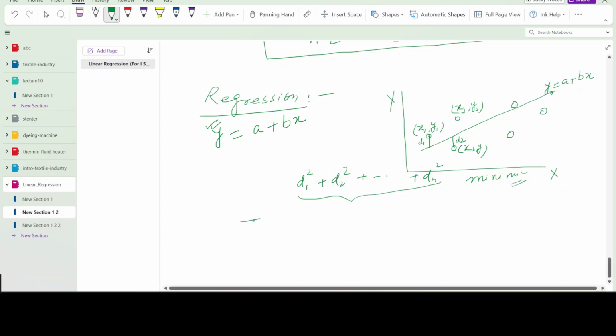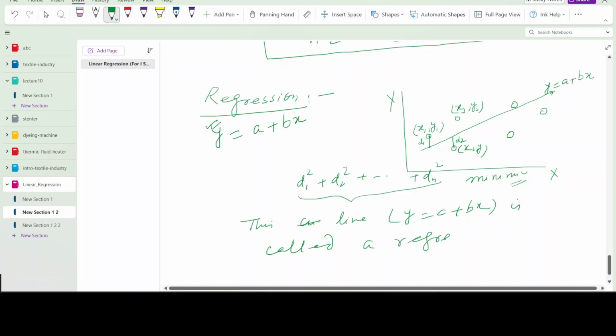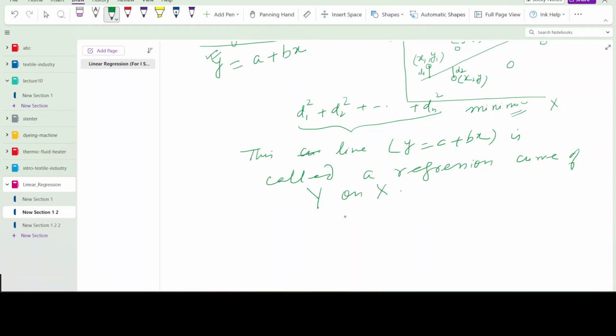This curve or this line y is equal to a plus bx is called a regression curve of y on x. Why is it called regression curve of y on x, or regression line?